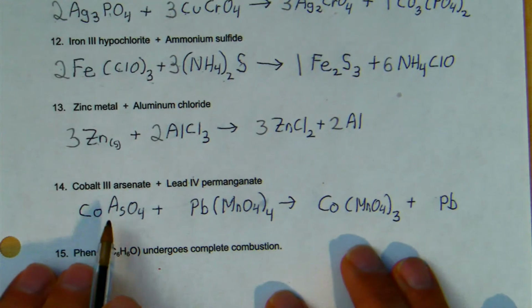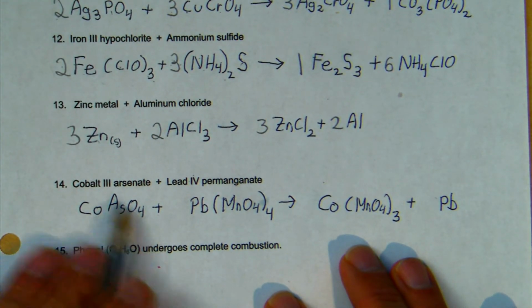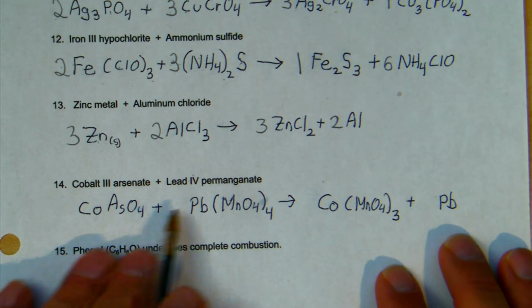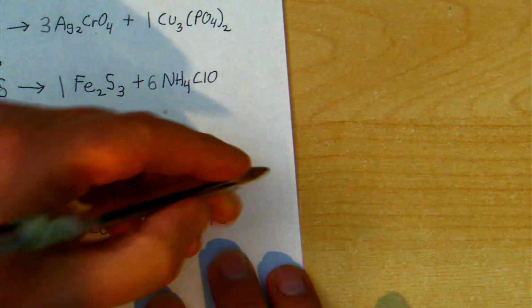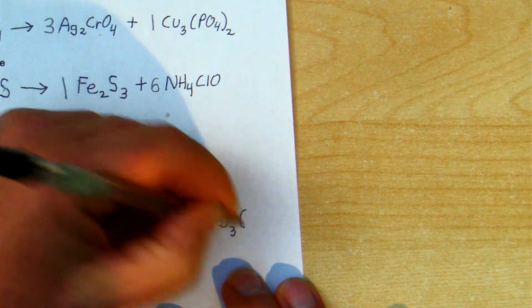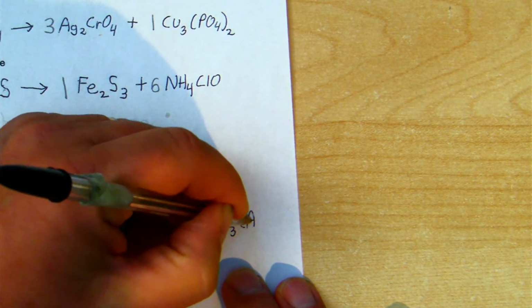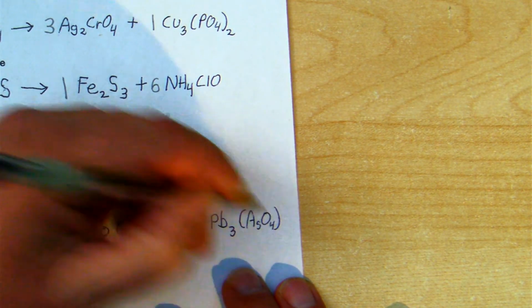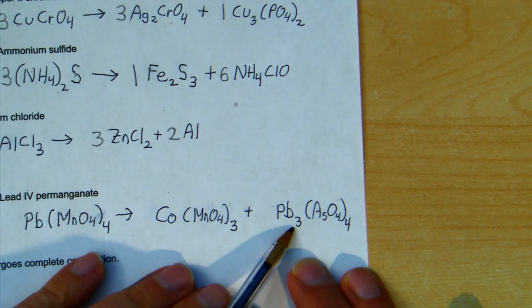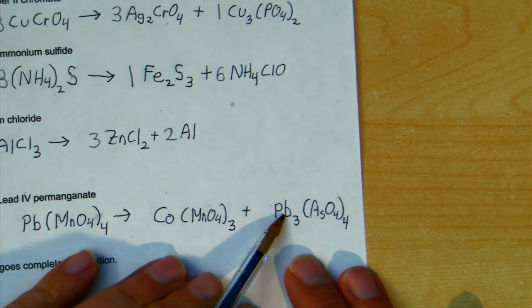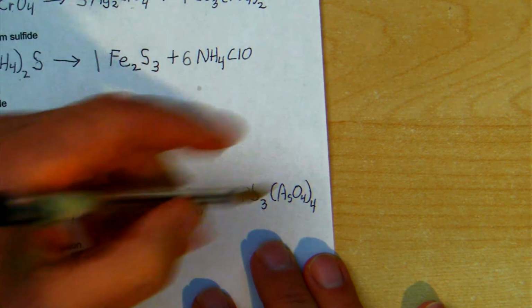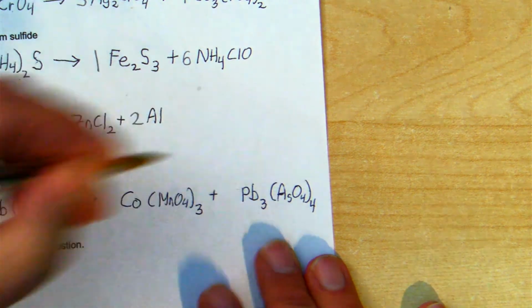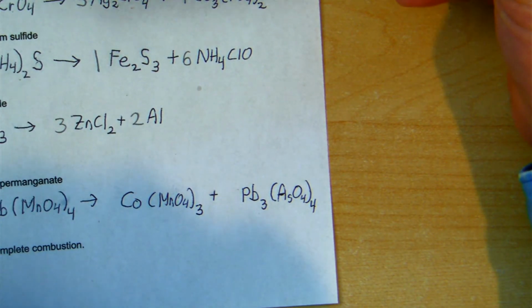Well, arsenate, you can see, must have a 3- charge, and the lead has a 4+ charge. So by crisscross, I will need 3 leads for every 4 arsenates. 3 times these +4 charged leads will balance 4 of these -3 charged arsenates. So there's my skeleton equation.